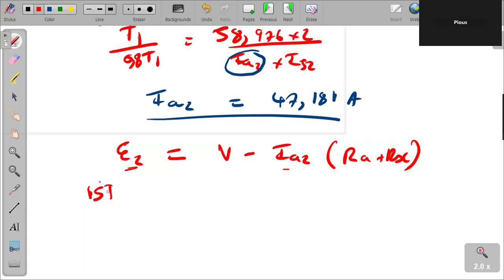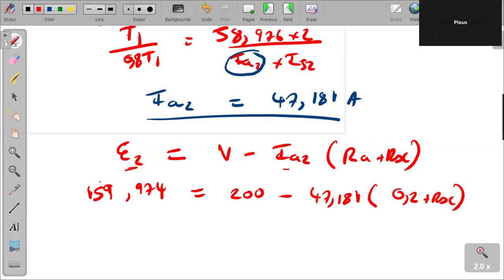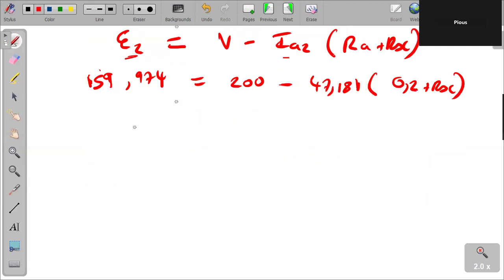159.974 is equal to 200 minus 47.181 that we've just calculated, multiplied by RA, we have it at 0.2, plus RX, the unknown resistor that must be inserted in series. So we have substituted everything. We can then simplify now.